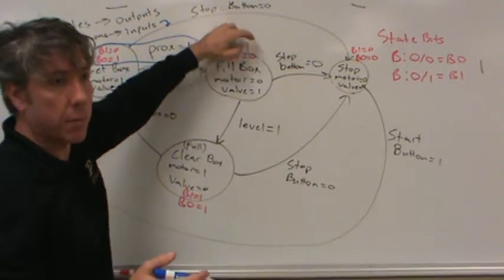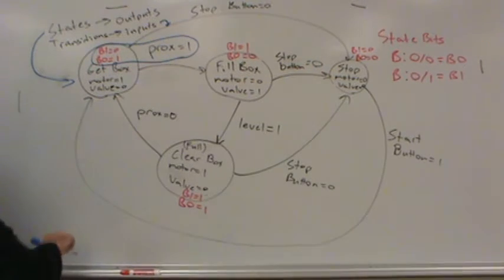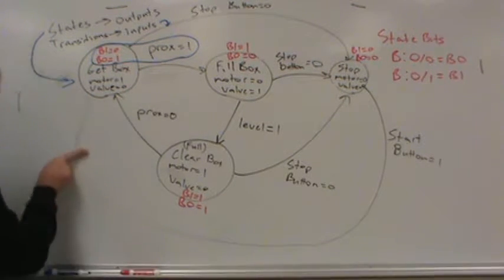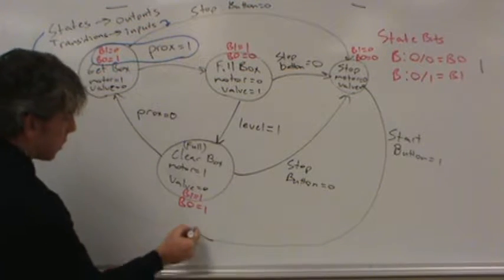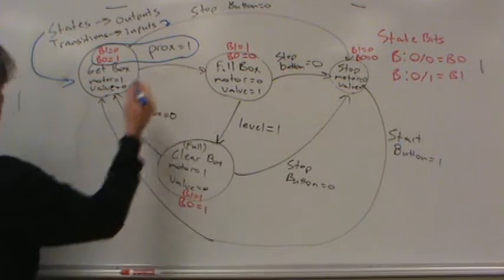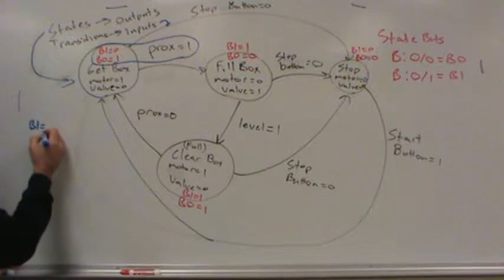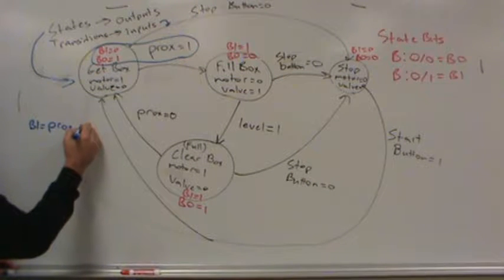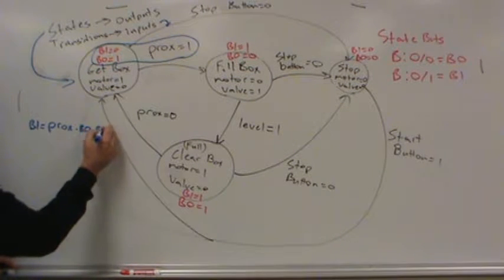That's a logical statement, right? In fact, we could write a line of ladder logic like that. Let me move this transition a little so I have some space to do this. Still the same transition, I'm not changing anything, just grabbing some more space. Basically what this says is B1 equals prox and B0 and not B1.